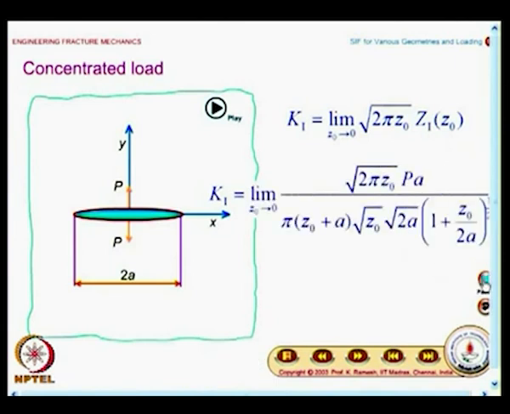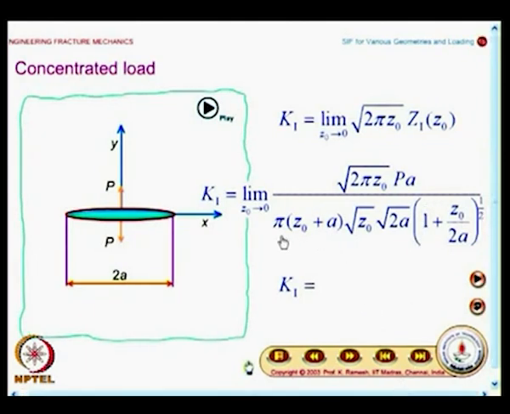And when I do this, I have the expression like this: limit z naught tends to 0, root of 2 pi z naught p a, and this expression is recast, and you have like this: pi z naught plus a multiplied by root of z naught multiplied by root of 2a, which is multiplied by 1 plus z naught by 2a whole power half.